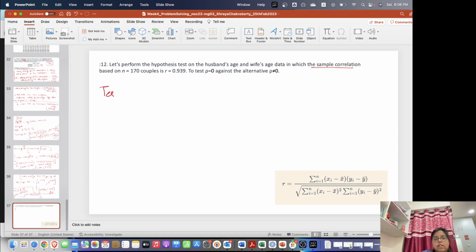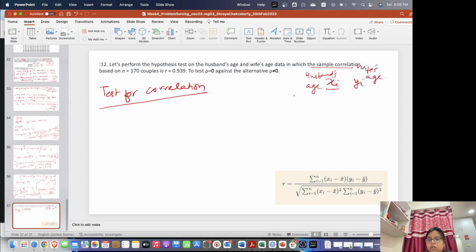So this is the test for correlation. If a set of, let's say, xi is husband's age, and let's say yi is wife's age, for n couples.